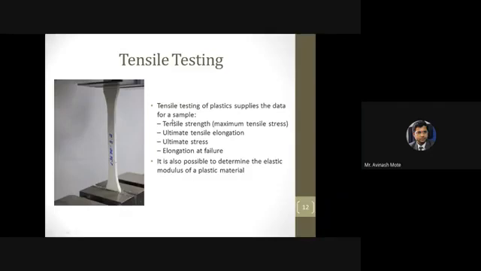By dividing force by area, you get stress. By dividing by the original dimension, you get strain. So the output of the tensile test is the force deflection curve, not the stress strain curve. Ultimately it is a stress strain curve only, that is the machine output, but the test output is force versus deflection. Through that you get to know the tensile strength of the material.